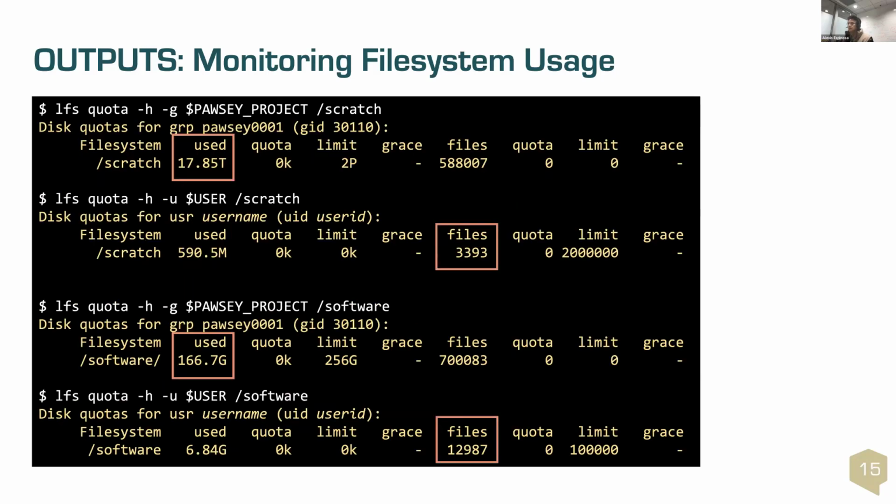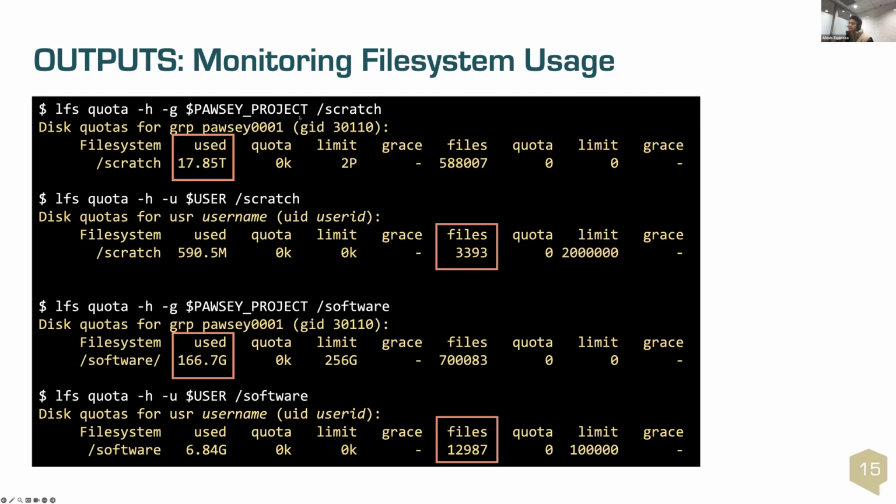But that's the idea. And there is this other command called lfs quota. If you add -h, you will get the numbers in human readable units. And then the -g is for querying what is happening with your project, with your group of Linux, which is the Pawsey project.